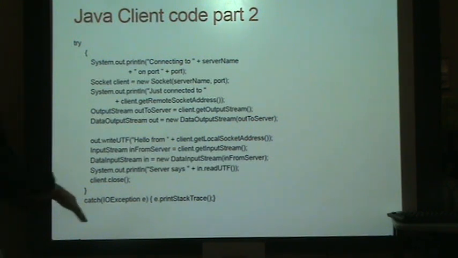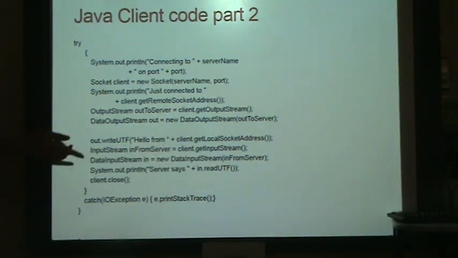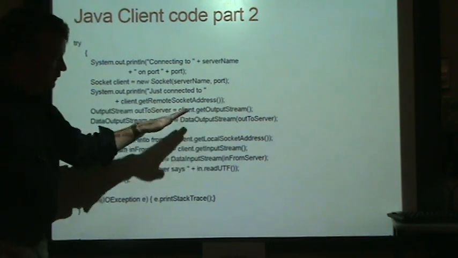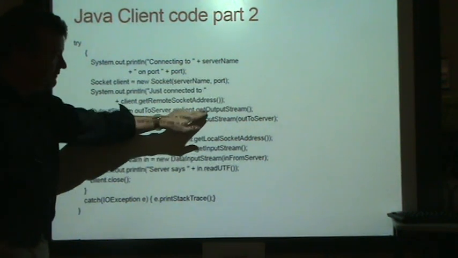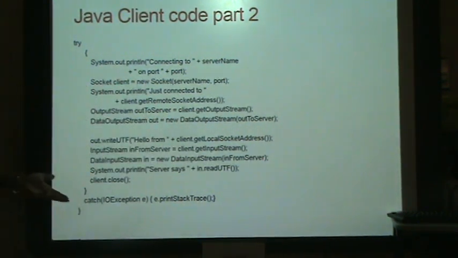And then we could print that we're just connected to, and then these are functions that will tell us the IP address and port number of the remote system. Then we could get the streams. Again, these are now Java functions that are obviously calling the system functions like read and write, and then maybe displaying the data better for us.